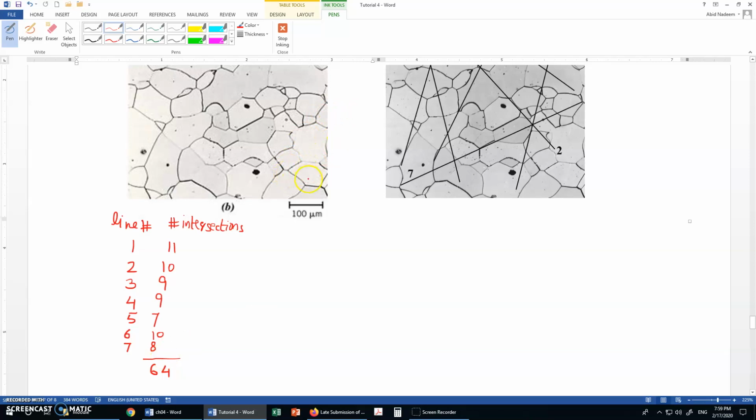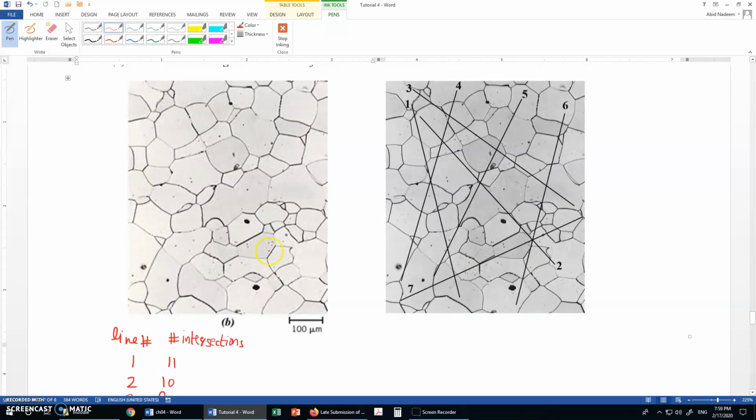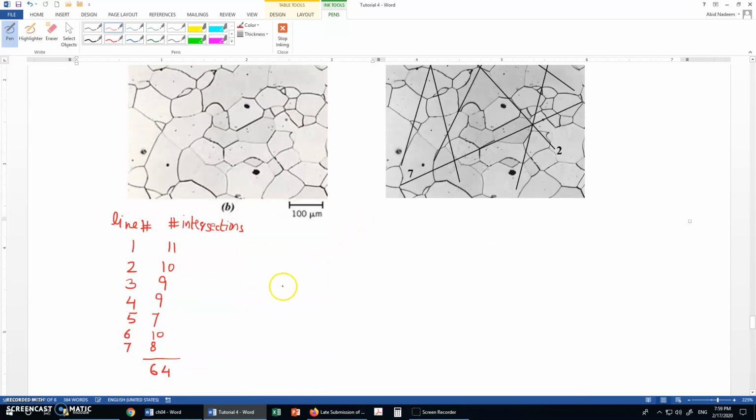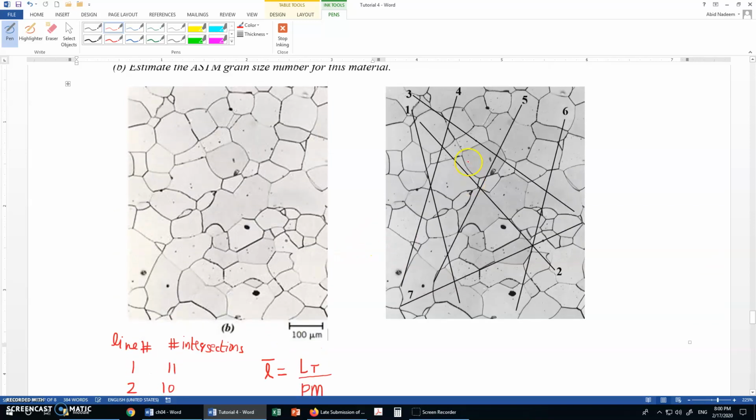The next step is to find the average grain size. The average grain size can be found from this equation: L bar is equal to L sub t divided by PM. L sub t is the total length of these lines.